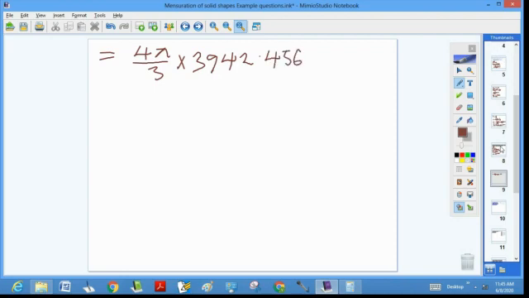9.8 cube with your calculator will give you around 3,942.456. Sorry, that was a slight mistake here.